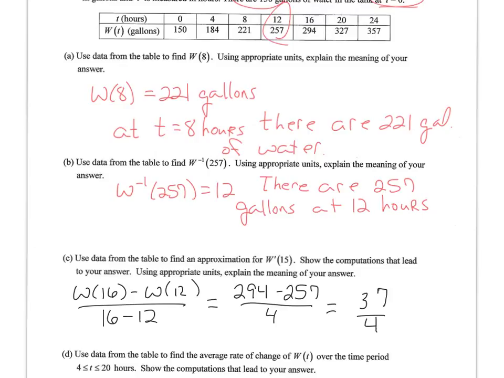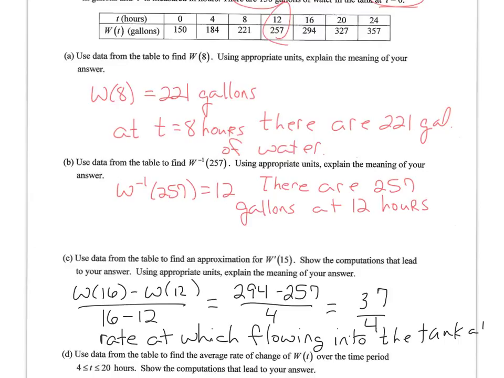And what does this stand for? Right, the W prime of t, so it's the rate. What's the rate? The rate of what? The rate at which water is flowing into the tank. Flowing into the tank when? Around 15, at t equals 15.